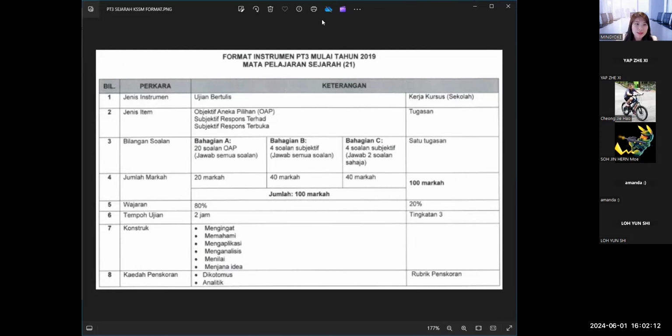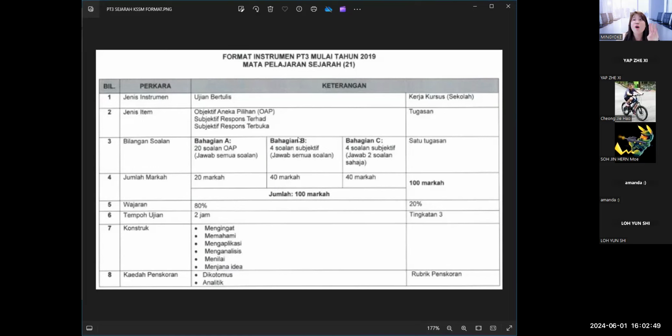Now, the most important thing, guys, is the standard exam format. Under our exam paper, you only have 2 hours to complete it. Within the 2 hours, the paper is divided into 3 parts. Bahagian A is 20 objective questions.